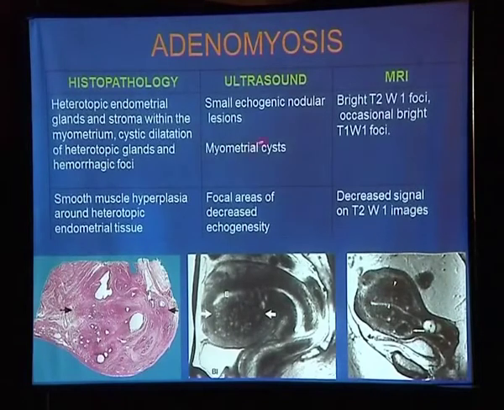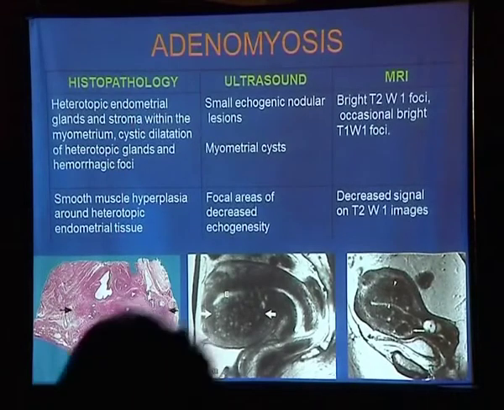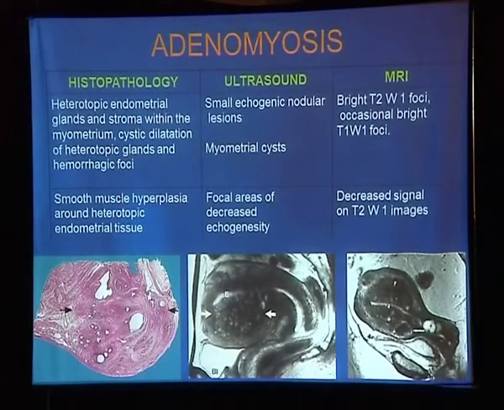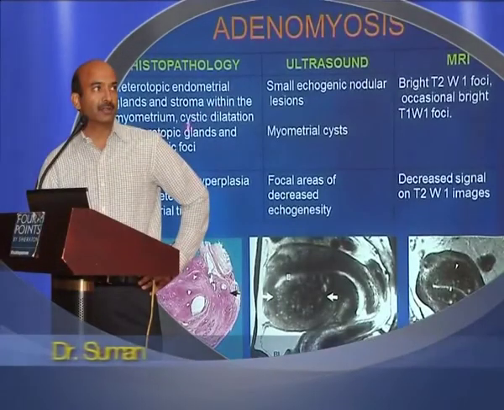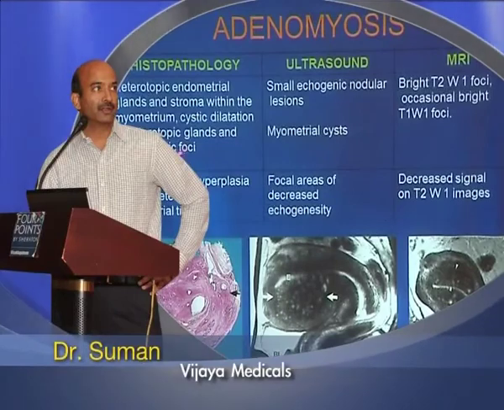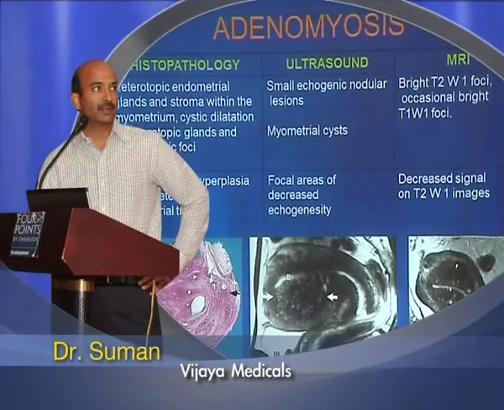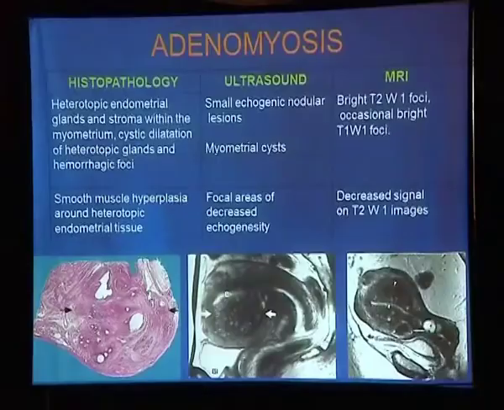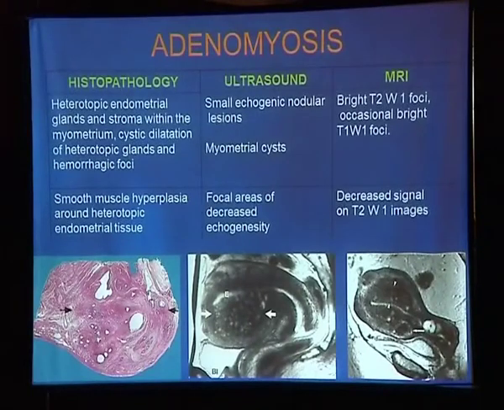Let's see how adenomyosis looks, where there are heterotopic endometrial glands and stroma which go from the basal endometrium into the myometrium, and these glands can dilate and also have hemorrhage within them, and these are the features we are going to see in the imaging.